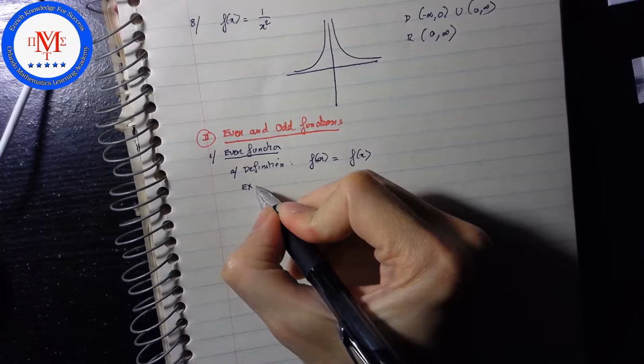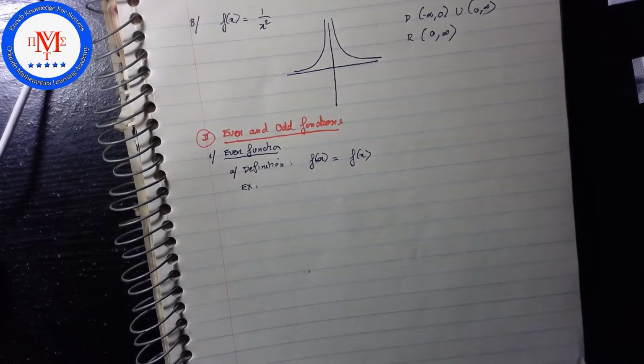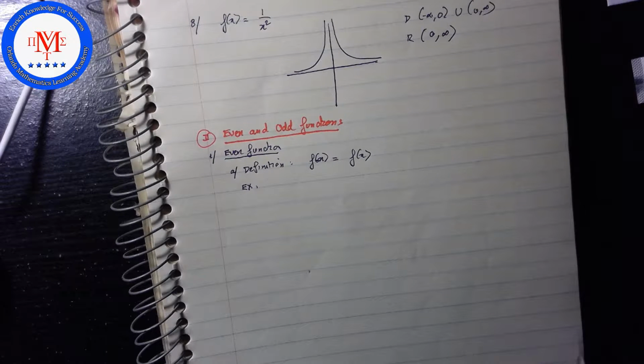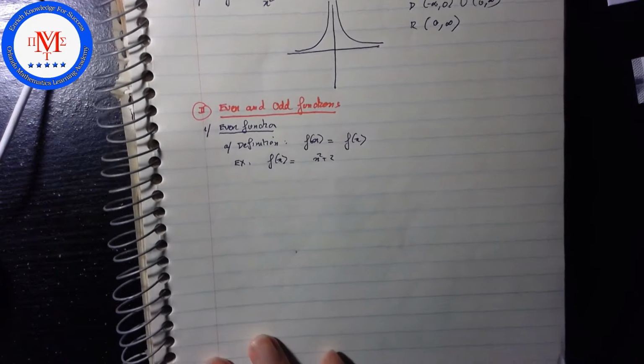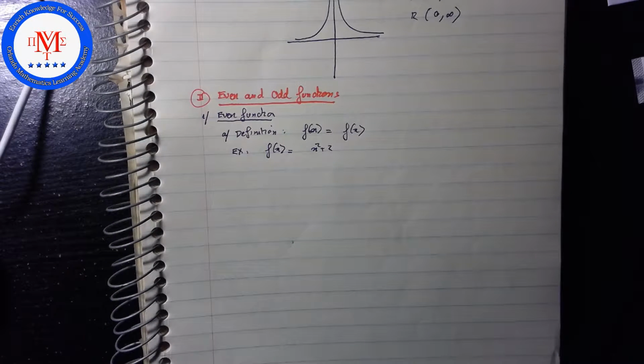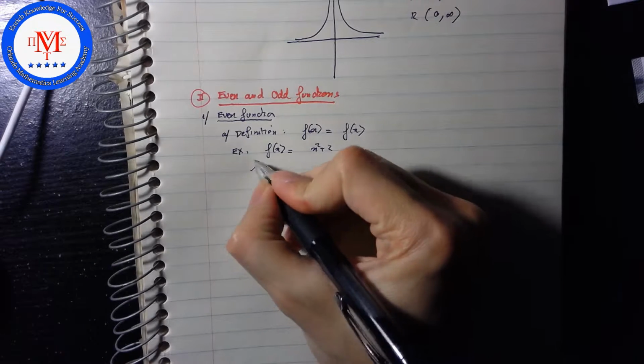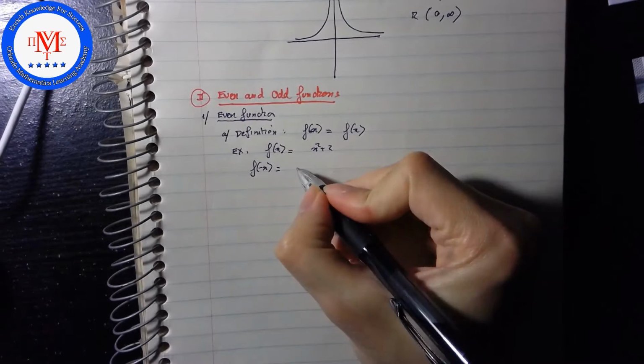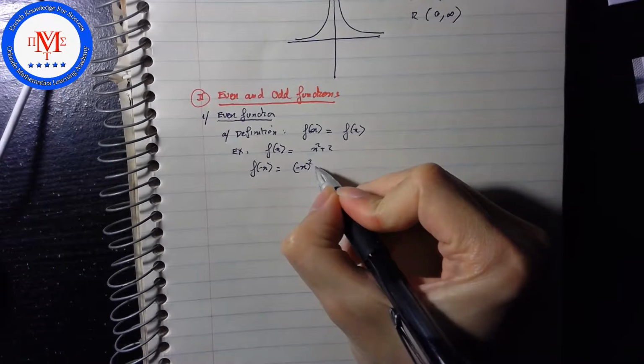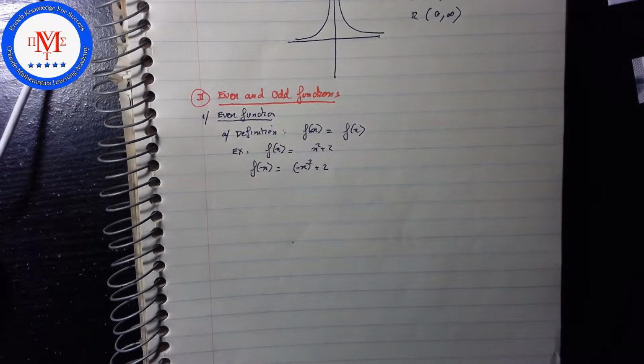I have a function like this, and I want to see if this function is even. What I'm doing is that I will replace the x with negative x, and I want to see if it turns out to be equal to itself or not.